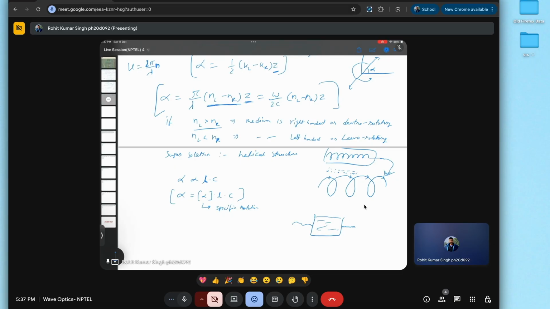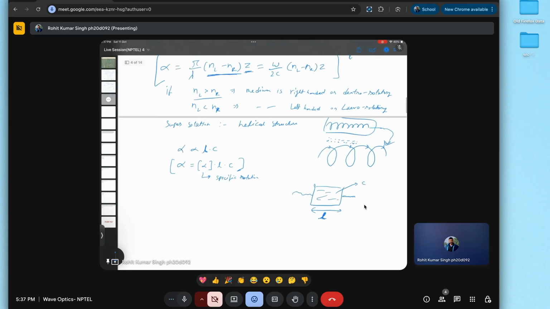Okay, and that you can calculate using this formula. So you need the concentration of this solution and this length. Okay, and the specific rotation is constant for different solutions. So we'll solve one example based on this.